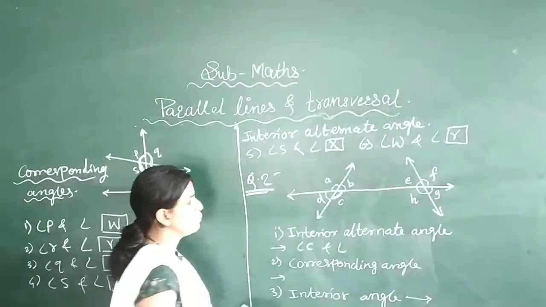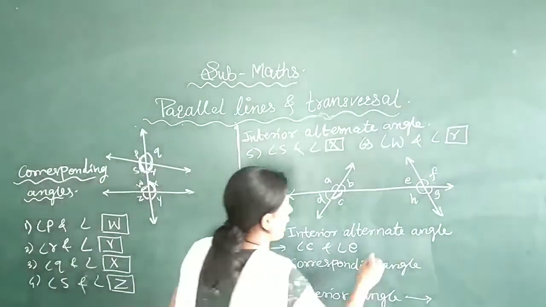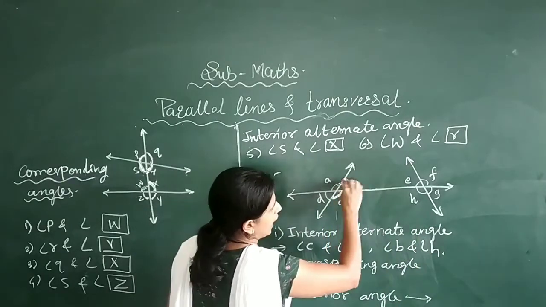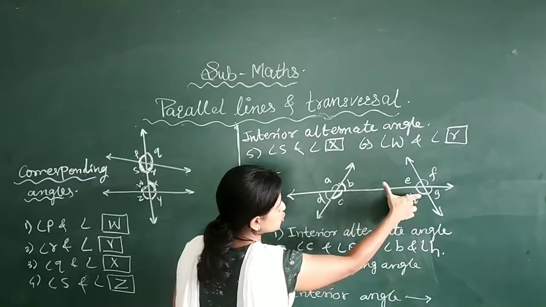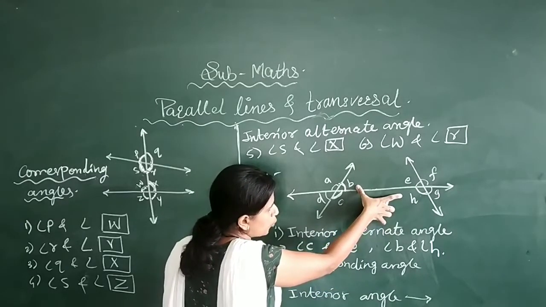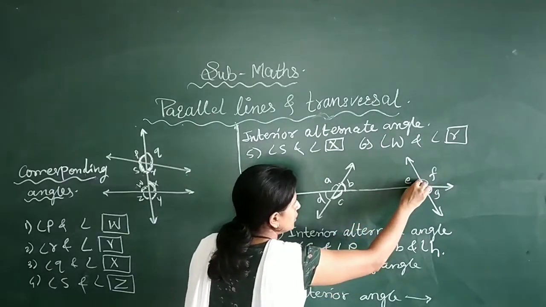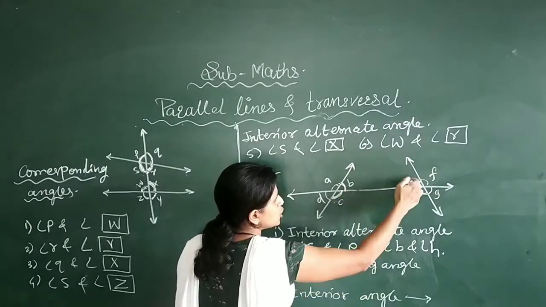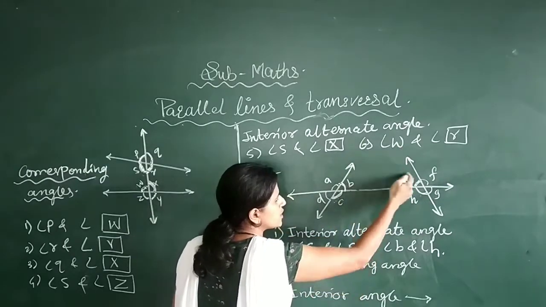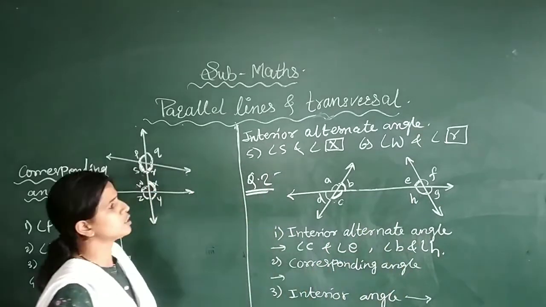Yes, angle E. These are a pair of interior alternate angles, and angle B and angle X. See, these are opposite but inside. Again see that C and E are opposite, on this side and this side of the line. So these are opposite but inside: interior alternate angles.